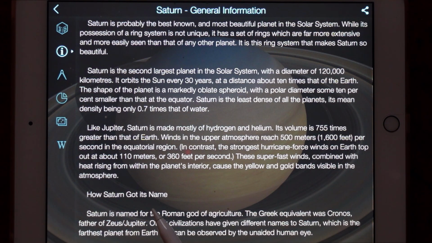How Saturn got its name? Saturn is named for the Roman god of agriculture. The Greek equivalent was Kronos, father of Zeus, Jupiter. Other civilizations have given different names to Saturn, which is the farthest planet from Earth that can be observed by the unaided human eye.